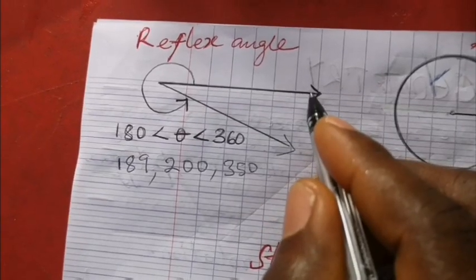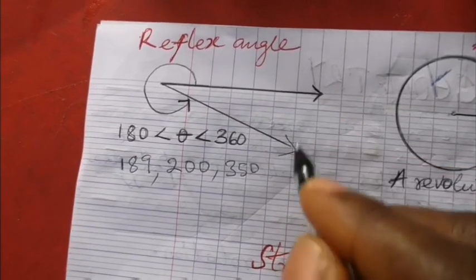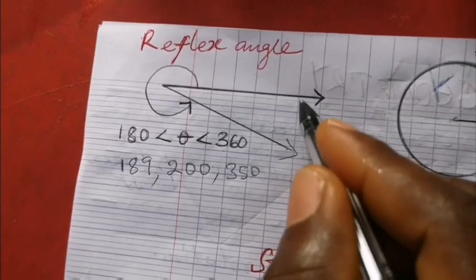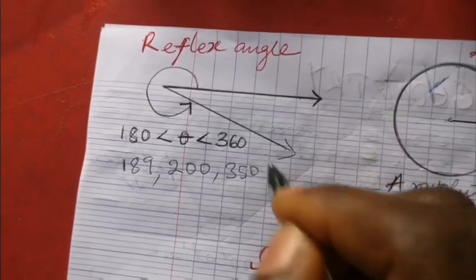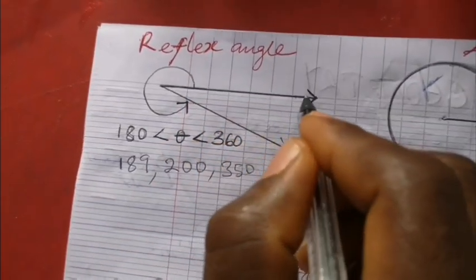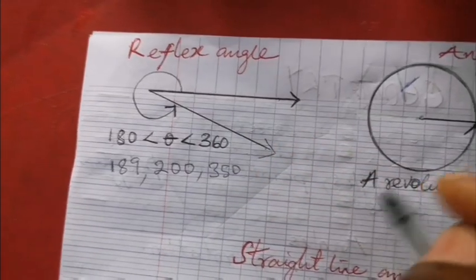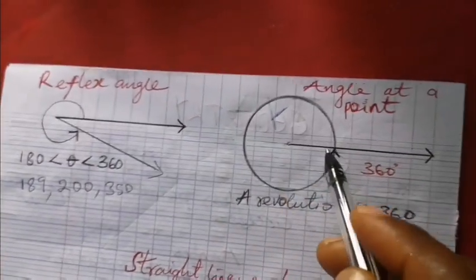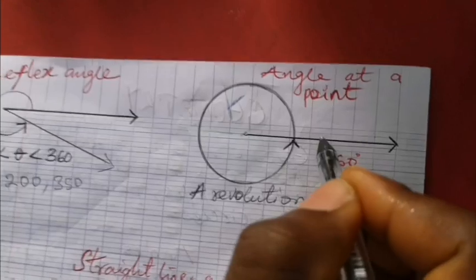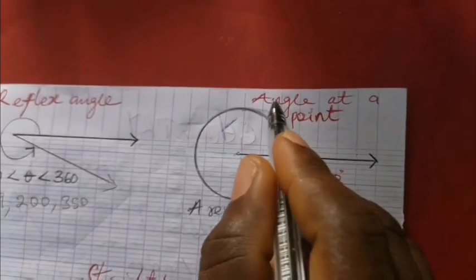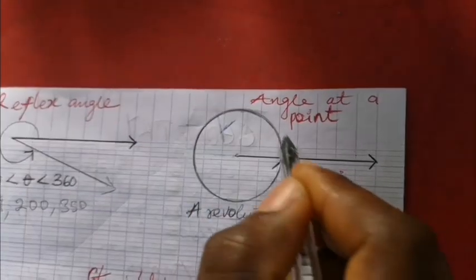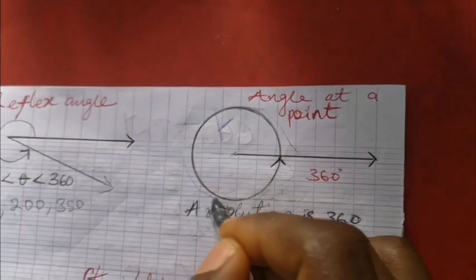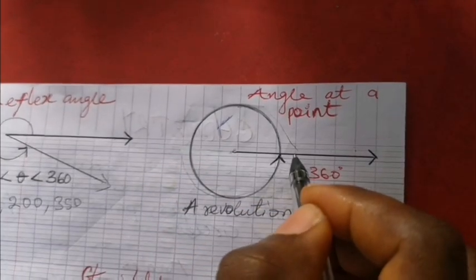Now I finally want to take this line back to where I brought it before. So I want to take this thing back to this place, so it can come over here again. Look at it now. The line has moved from the initial point like this, and returned back to the former place.